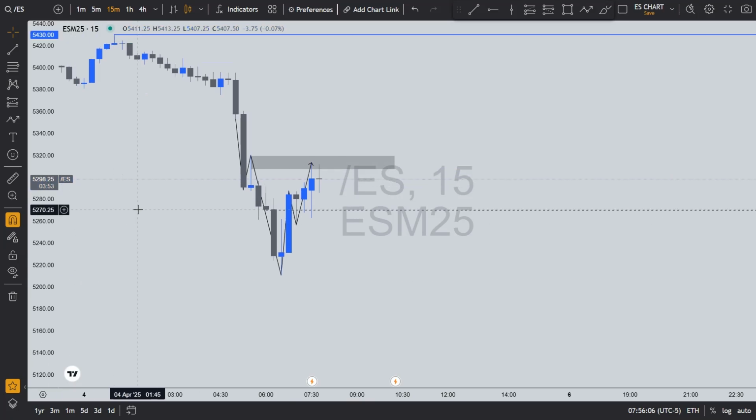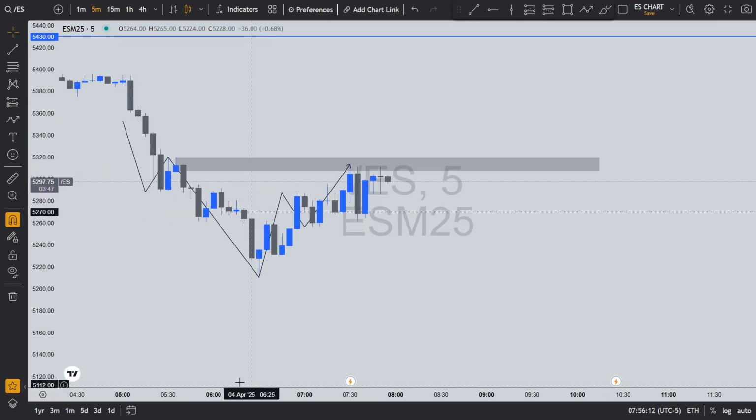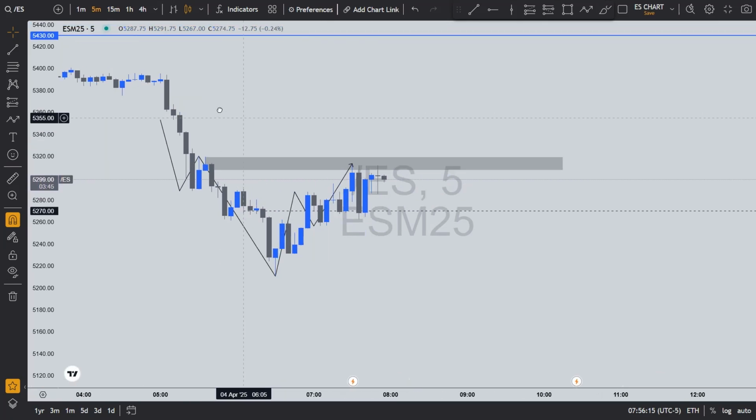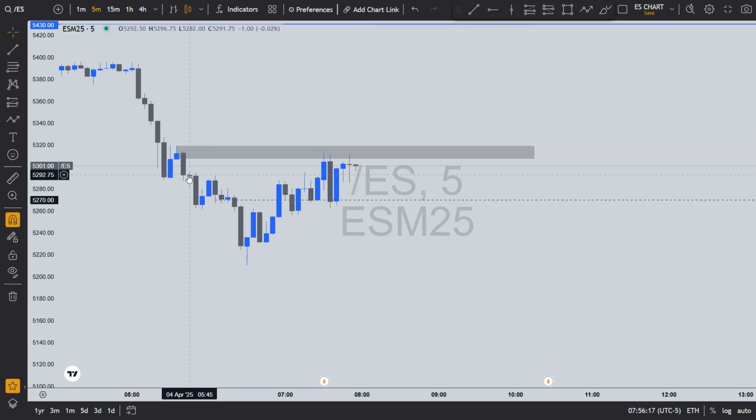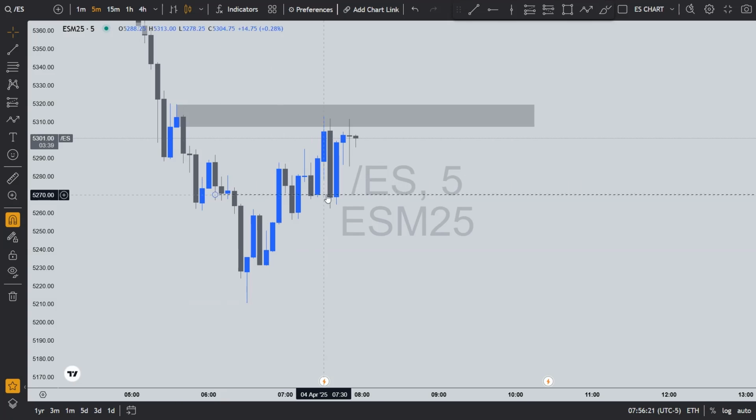Also, it got these gaps to fill in above, and on the 5 minute there are even more gaps. That was what I was looking at. That's the reason I wasn't looking for shorts anymore: for one, if I was to even look for shorts, I would be trading below this price limit and I probably would have my position liquidated.